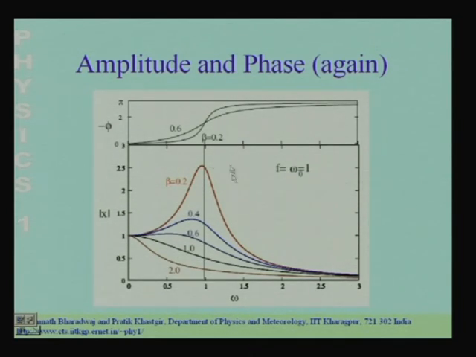In the underdamped situation, you have a resonance, but the amplitude of the resonance is now finite, and the amplitude falls if you increase the damping. Not only does the amplitude fall, but the width of the response curve as a function of frequency gets broader and broader as you increase the damping.